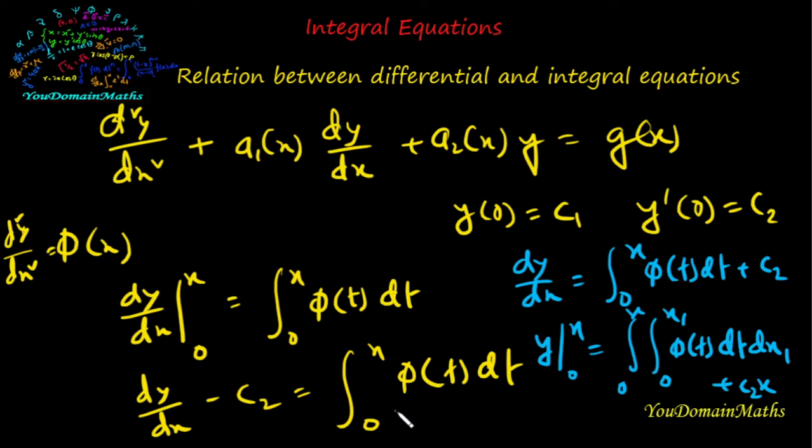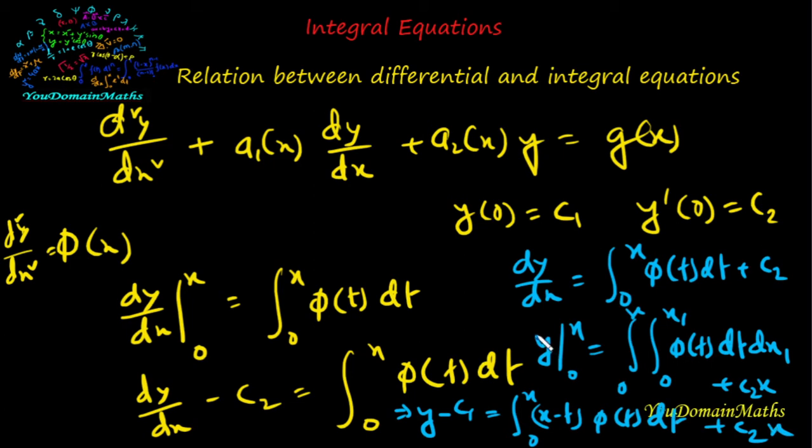This can be written as y minus y naught, that means c1, so y minus c1 equal to this. Here we see that this is a double integral, so we can write it as the single integral of x minus t times phi of t dt, plus c2 x.